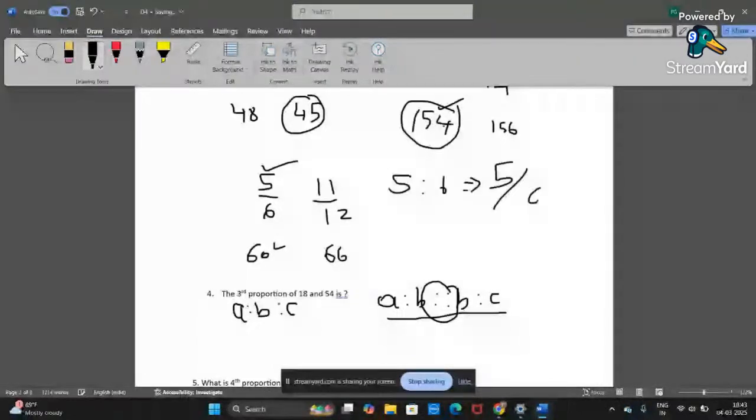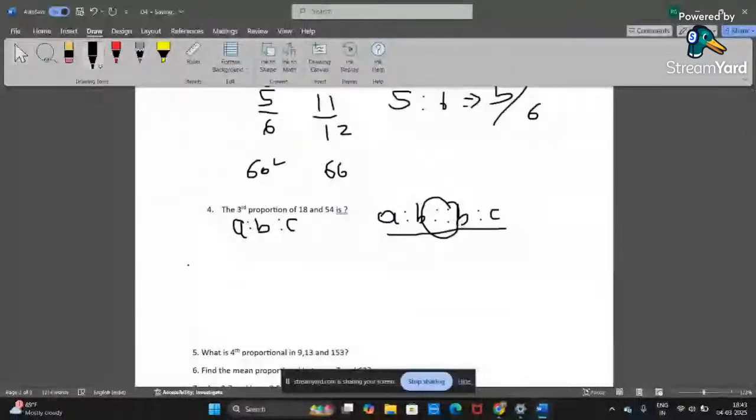In the same way, A is to B equals B is to C. We can write it as A by B equals B by C. Here, we know that the A value is 18 and 54 is the B value. We just need to substitute the values.